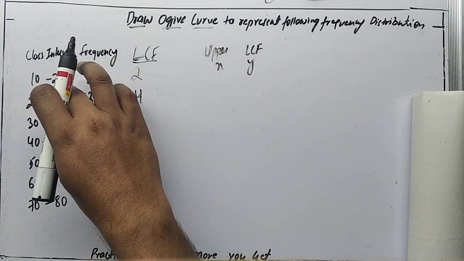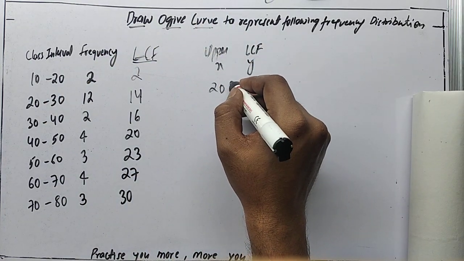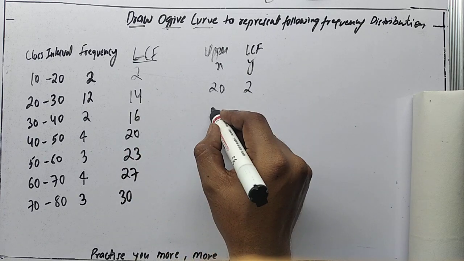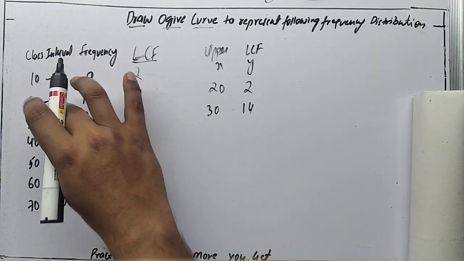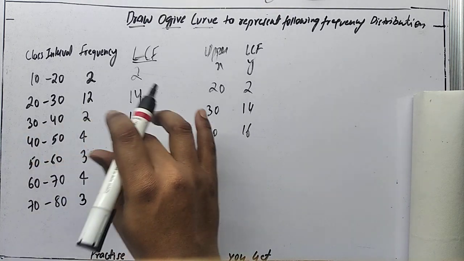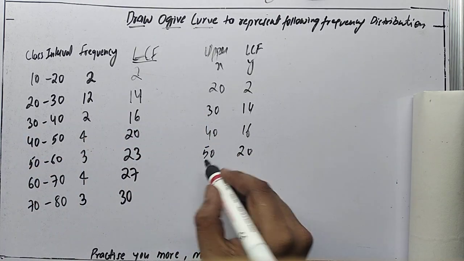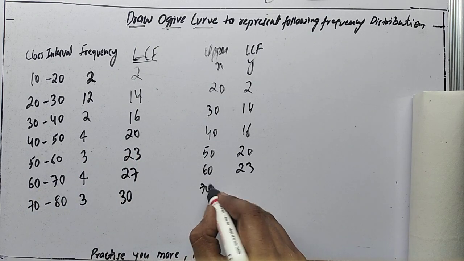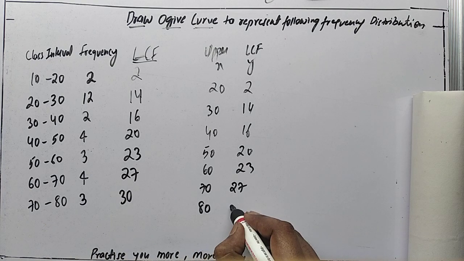So the points are: the first point is 20 comma 2, second one is 30 comma 14, next one is 40 comma 16, next 50 comma 20, next 60 comma 23, next 70 comma 27, next 80 comma 30.